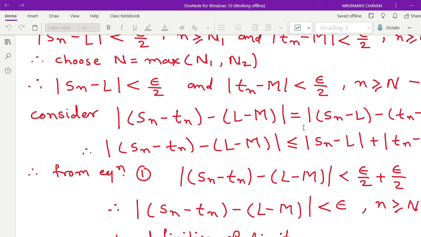So now this is equal to, since we have to use the above equation or statement, that is mod Sn minus L is less than epsilon by 2.